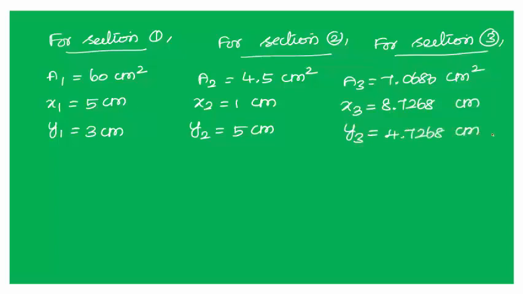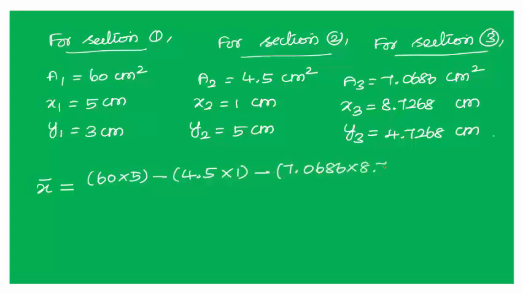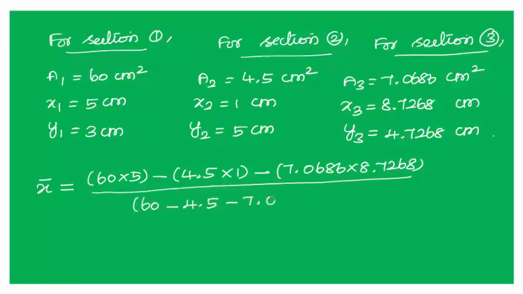Okay. So x bar can be calculated as A1 into x1 minus A2 into x2 minus A3 into x3, the whole divided by A1 minus A2 minus A3. So the x bar value can be obtained as 4.83 centimeter.